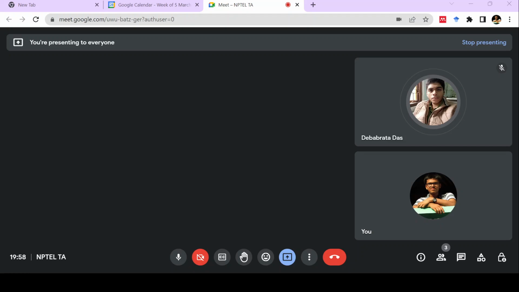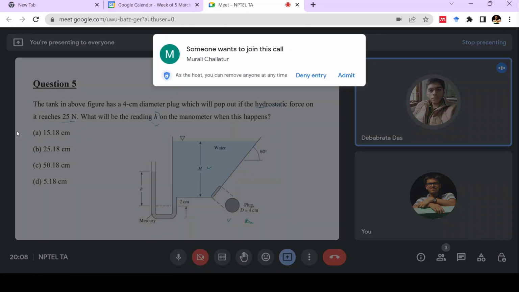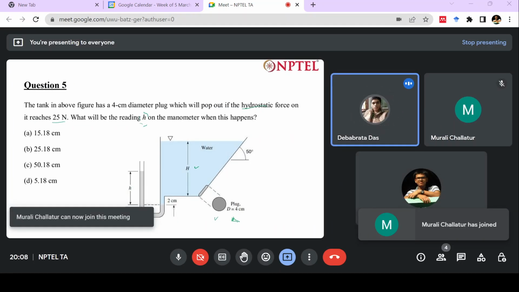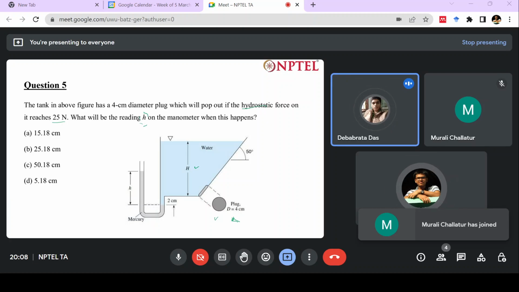You will find it a little bit difficult if you want to use integration because the shape is circular.